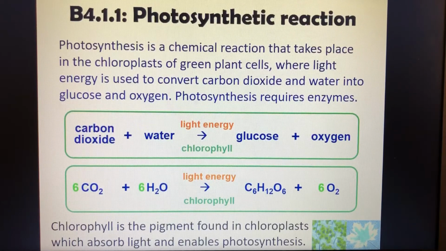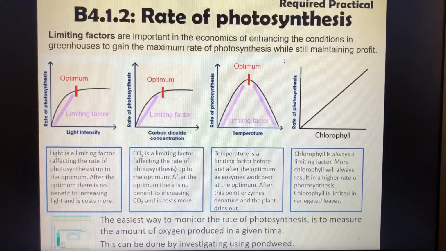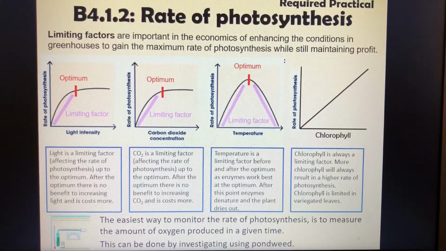Like I said, pause where you need to, add any notes that you need to your sheets or your own independent work. So we spent a lot of time using the Focus software, which looked a bit like this, to investigate rate of photosynthesis. And to measure rate of photosynthesis, we were measuring the amount of oxygen produced in a given time.